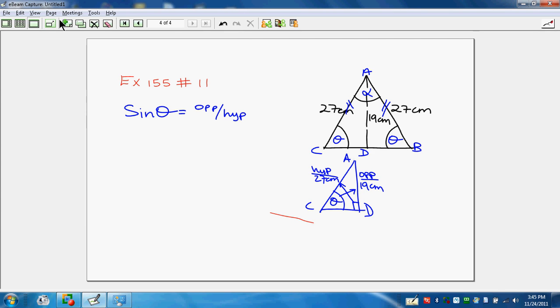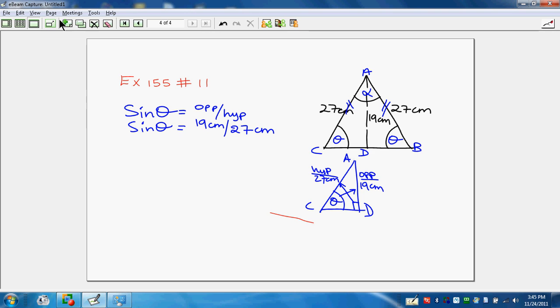In this case, sine theta will be equal to opposite, which in this case is AD, and that is 19 centimeters, over hypotenuse, which is AC, which is 27 centimeters.